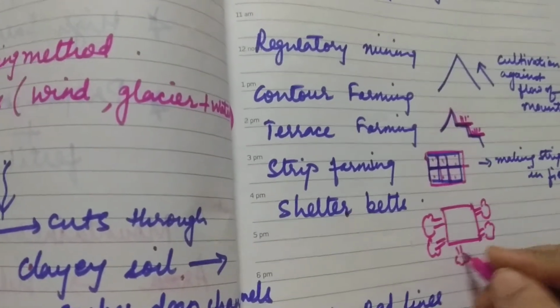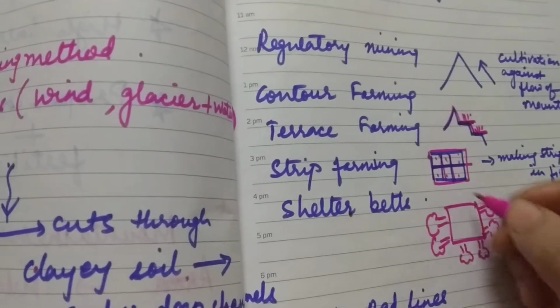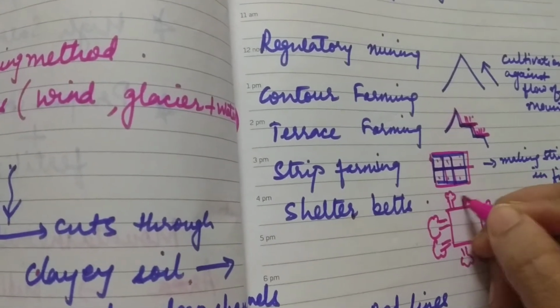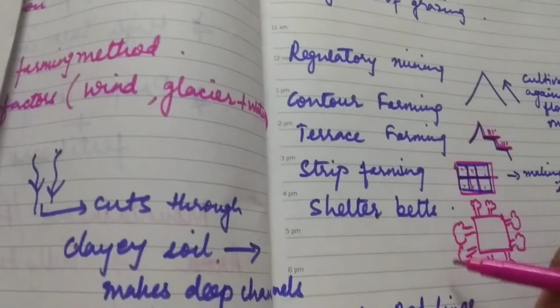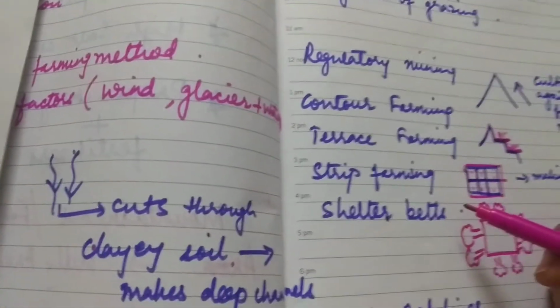So trees are planted on all sides and they form the shelter belts. Okay, so by these methods we can stop the soil erosion.